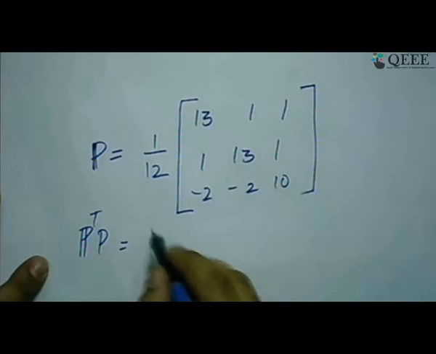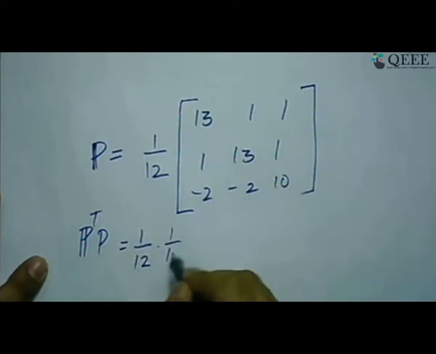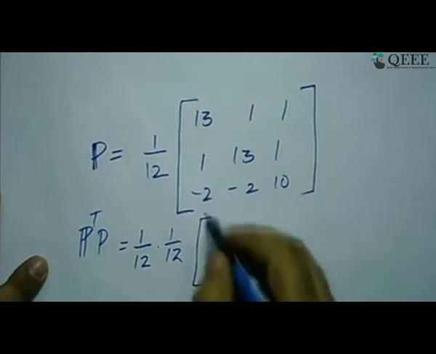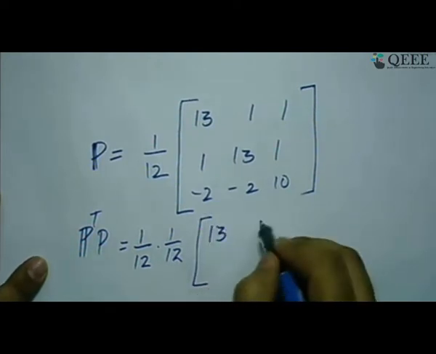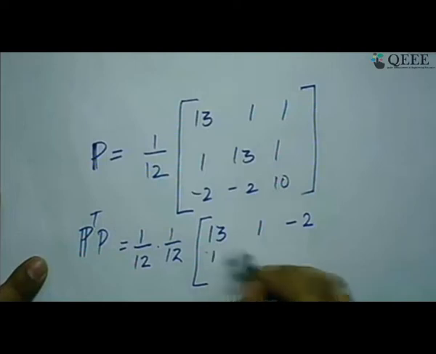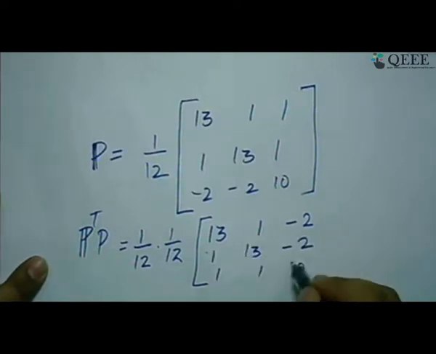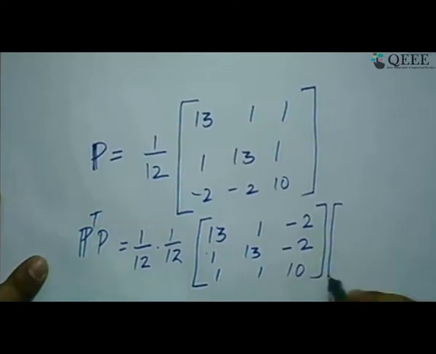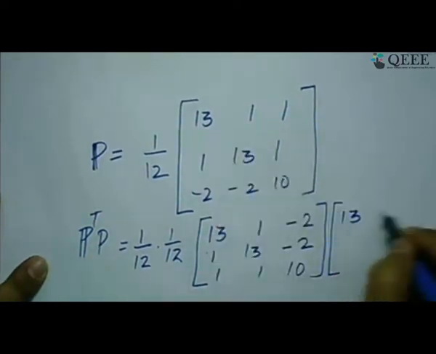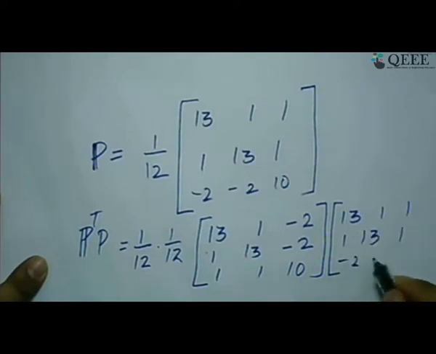That's what we want to do. So that will be 1 by 12 into 1 by 12. We transpose, so that is 13, 1, minus 2, 1, 13, minus 2, 1, 1, 10. That is multiplying P: 13, 1, 1, 1, 13, 1, minus 2, plus 2, 10.